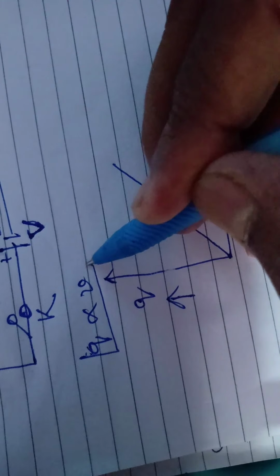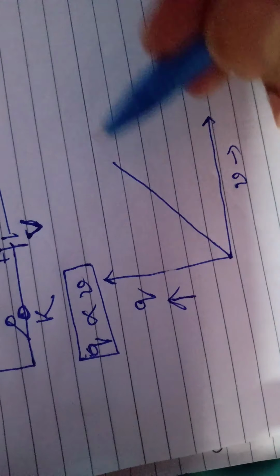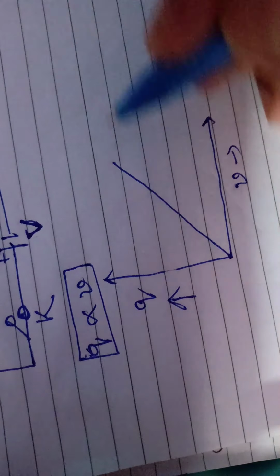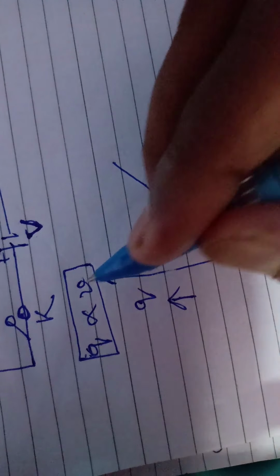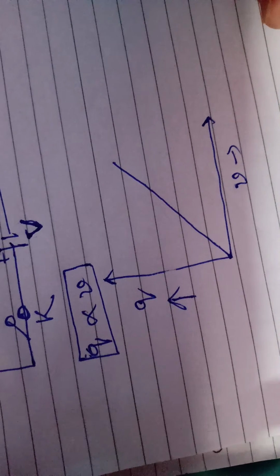If two quantities are proportional to each other, the graph plotted between them is always a straight line, and the slope of that straight line gives the ratio of these two quantities, which remain always constant.